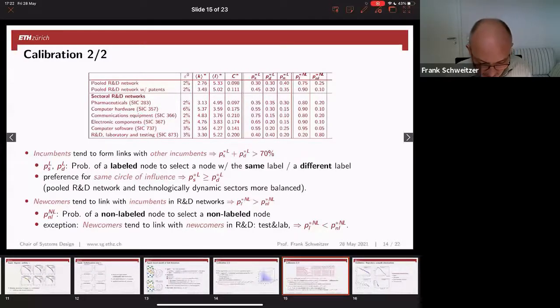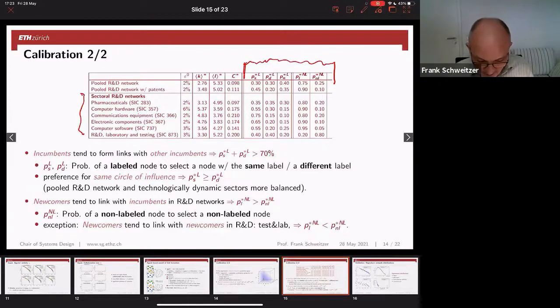And what you see here in this part of the table are these 5 probabilities that we have just determined. So we did this for the different industrial sectors. This is the area in which the firm is active, for example, pharmaceutical or computer software and so forth. And these numbers can be interpreted.